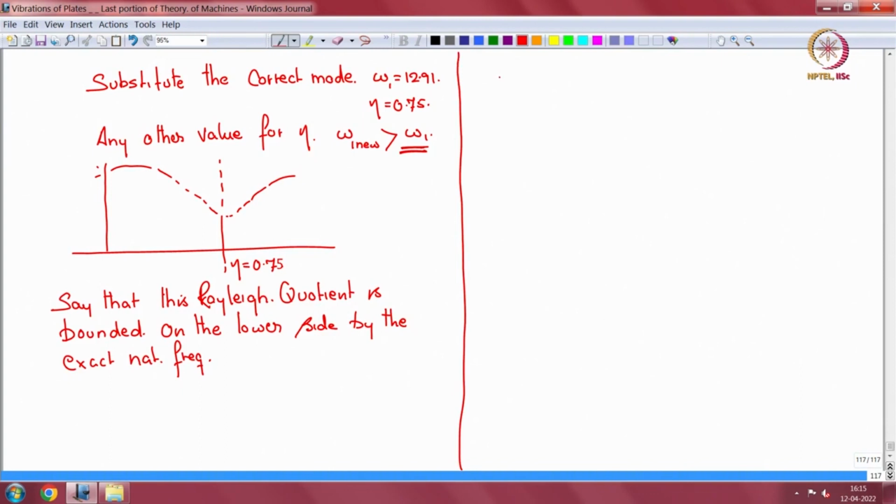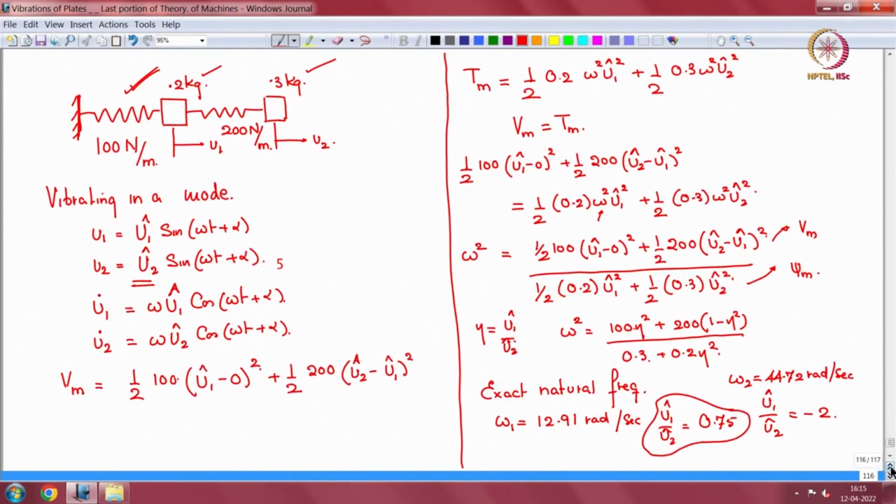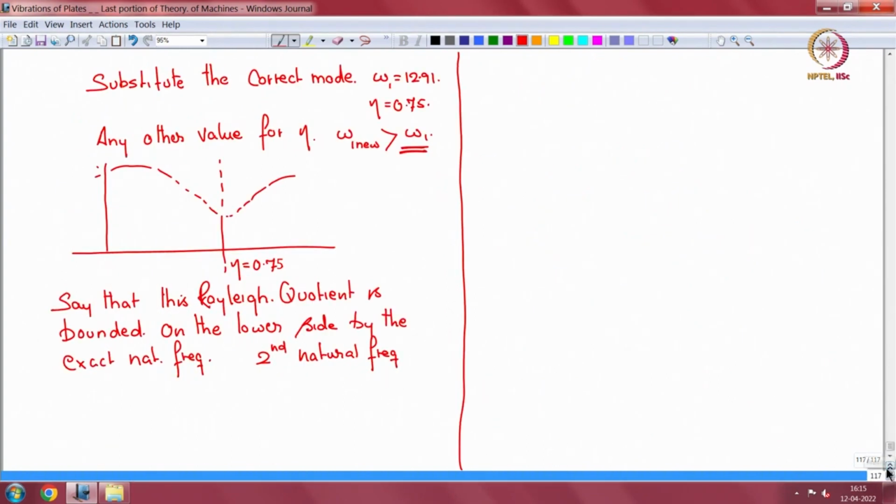So, let us go further and use the fact that the second natural frequency is 44.72 and the corresponding eta is -2.